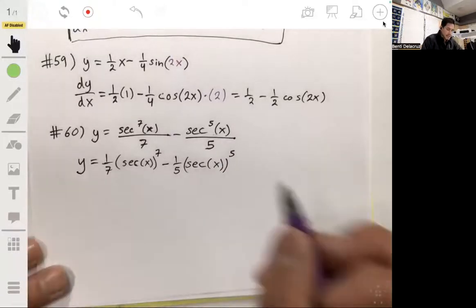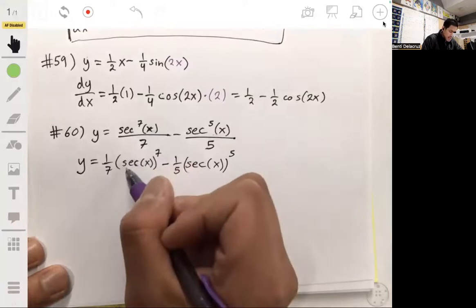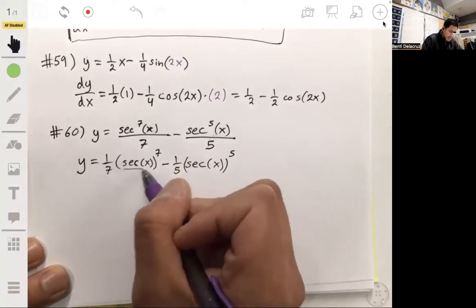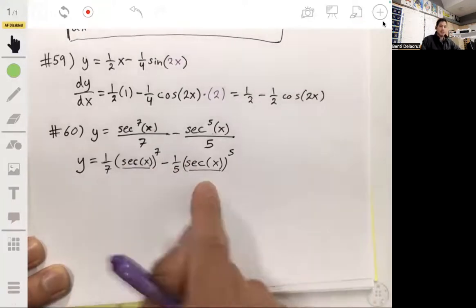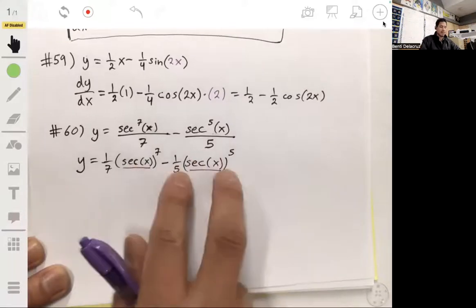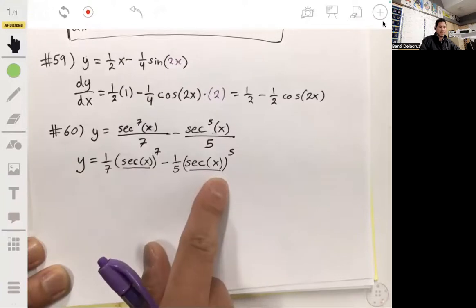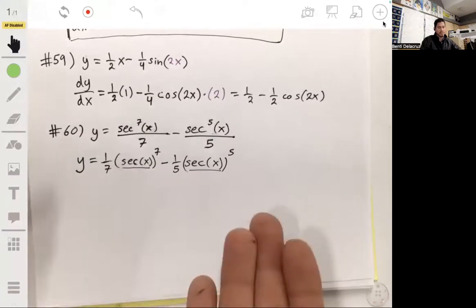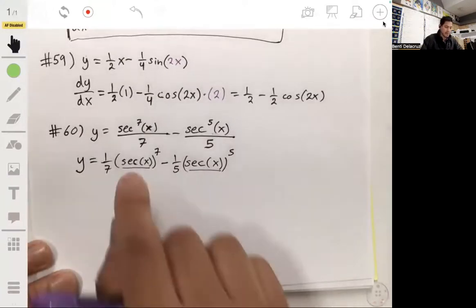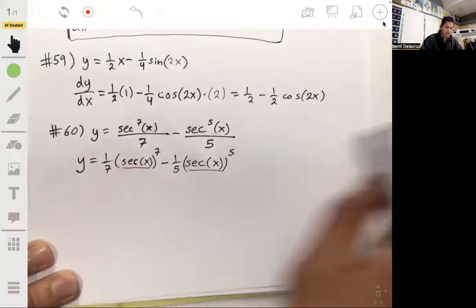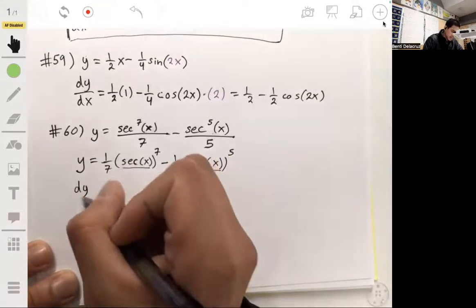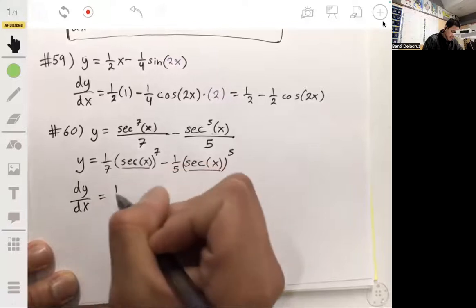So what you have is the power functions on the outside, and on the inside here, we have the secant of x and the secant of x. So you have just chain rule within each of these expressions, and you're going to just multiply by the derivative of secant of x. So dy over dx will be 1/7.